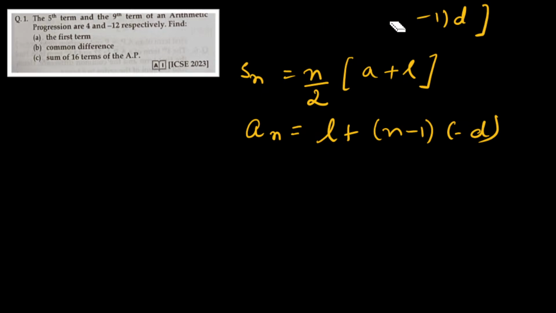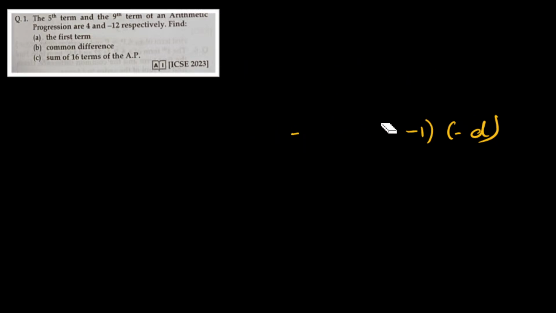So let's start now. The first question you can see, first of all, always write what is given to us and what we have to find. So fifth and ninth terms of an arithmetic progression are 4 and minus 12 respectively. What is given to us? Fifth term, we write as a5, it's equals to 4.